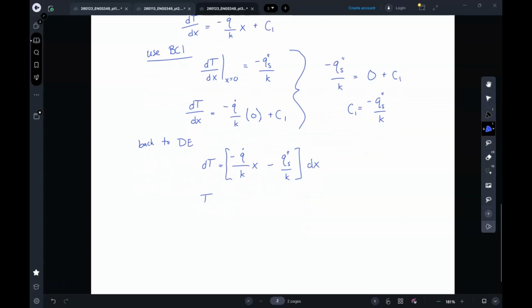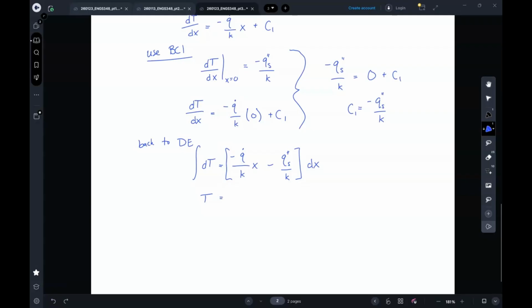So this gives us the temperature, right? We're integrating both sides here. We'll integrate this in two parts. First, we'll integrate this first part, and then we can integrate the second part.